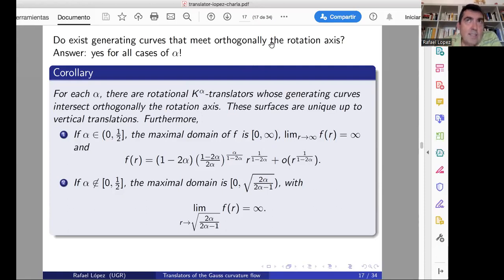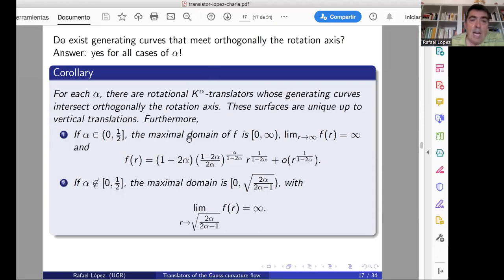You can see the solution in the books, but the rotational surfaces depend on some parameters, intersect or do not intersect the axis. Okay. I mean, even in the case when the Gauss curvature is constant, the problem is not trivial.